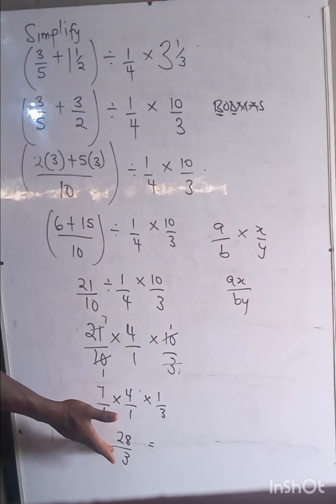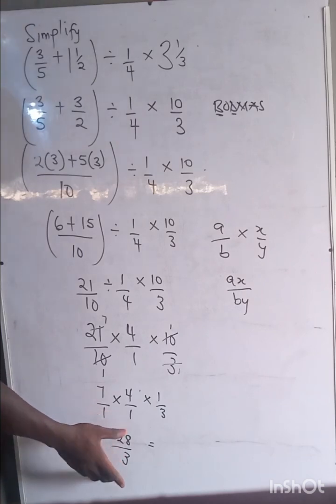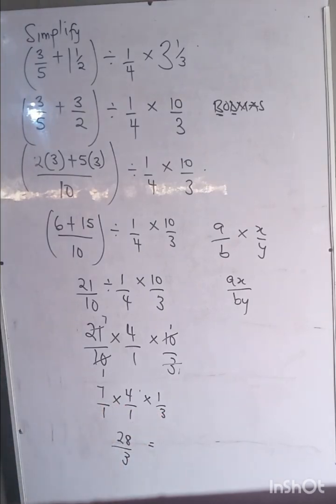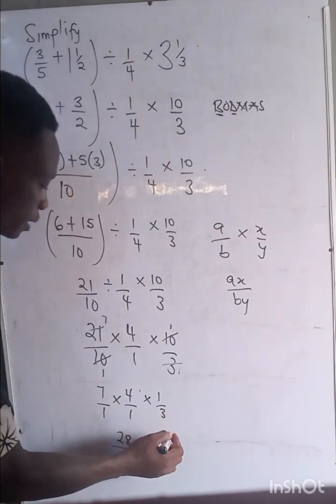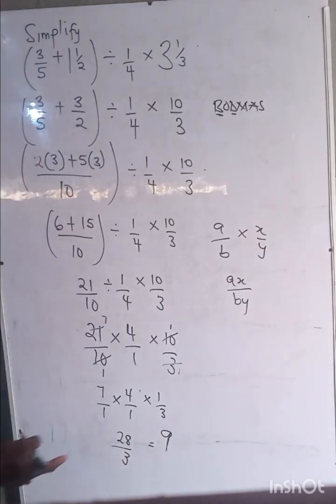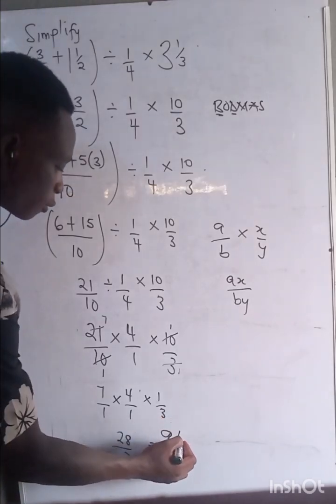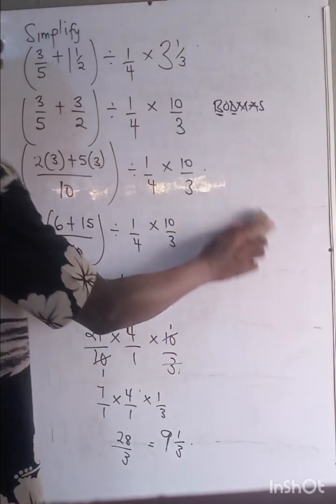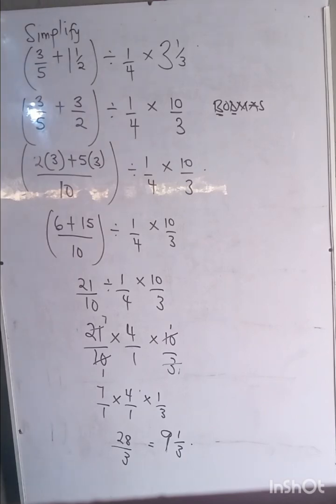When we factor 3 into 28, how many 3s are we going to get? 3 into 28 gives us 9, which is 27. Then there is a remainder of 1 out of 3. So simplifying the expression, the final answer is 9 whole number 1 out of 3.